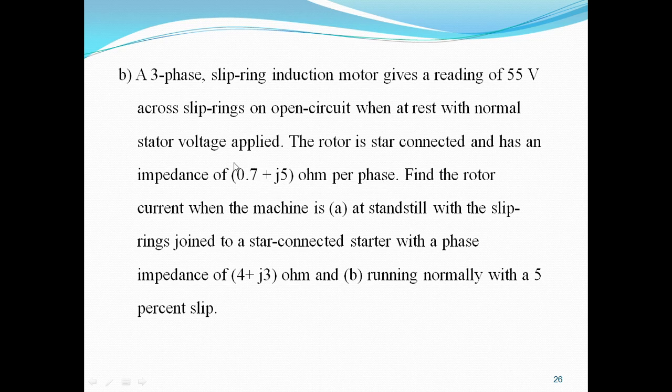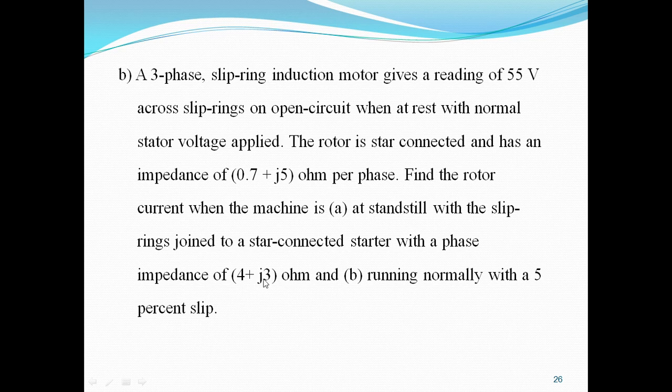That means 0.5 ohms is the resistance R2 and 5 ohms is the reactance. Find the rotor current when the machine is, first, at standstill with the slip rings joined to a star connected starter with a phase impedance of 4 plus J3.